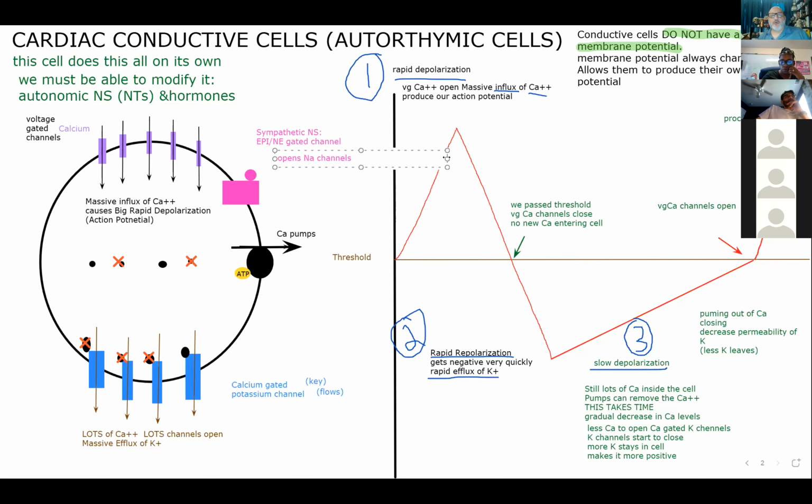So here we have our starting point again, with a nice big circle for our starting point. But now we're going to affect this conductive cell with our epinephrine, with our norepinephrine, opening sodium channels. Now, is sodium coming in really going to affect threshold? Does it change when the threshold is?